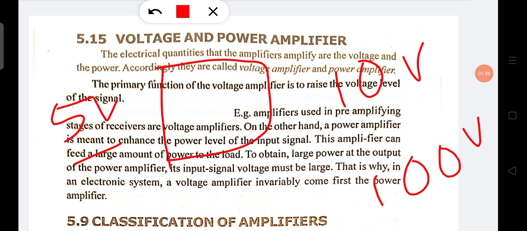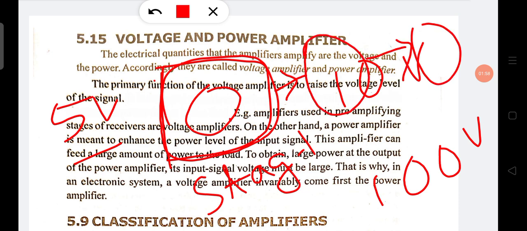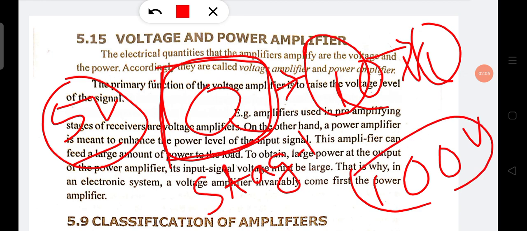So this is stage 1. We use so many stages like this. That means one amplifier's output goes to another amplifier, and again that output goes to another amplifier. So many stages of amplifier are there to get 100 volt from 5 volt.